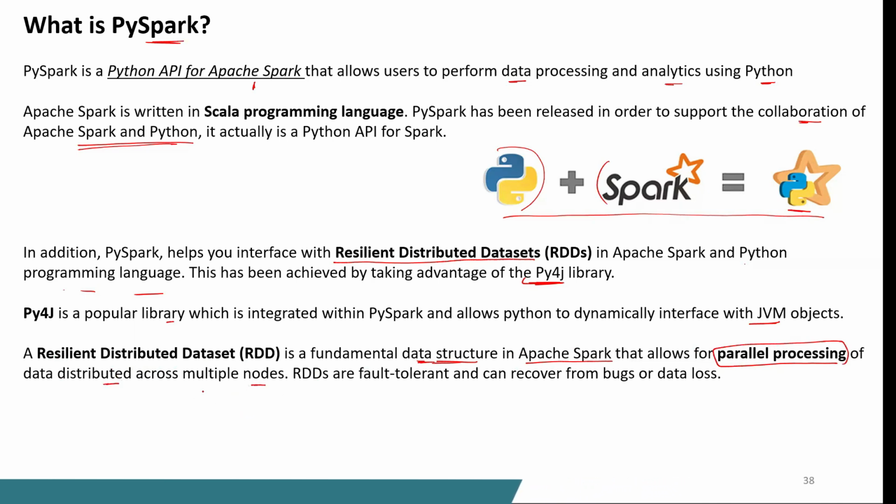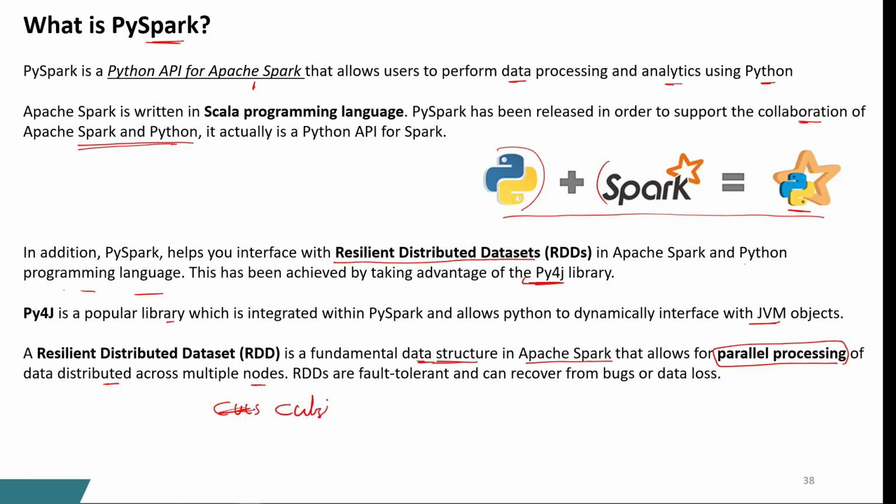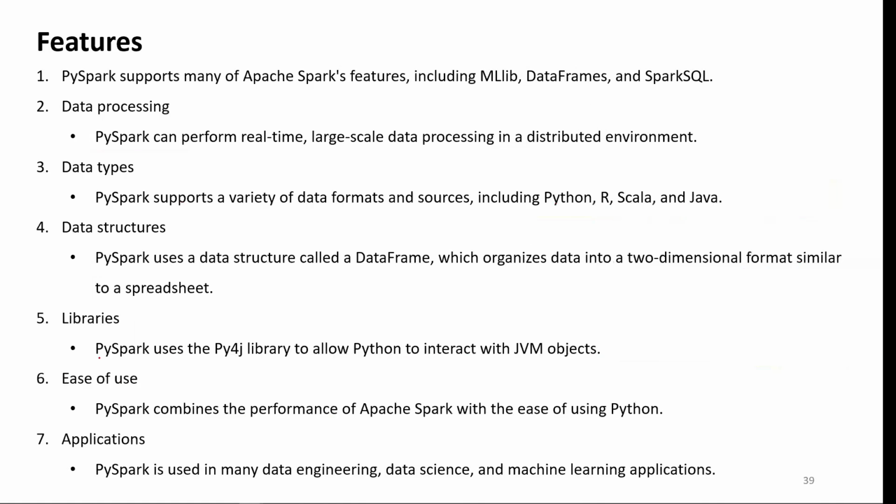When we say multiple nodes, we are talking about a cluster. RDDs are fault tolerant and can recover from bugs and data loss. This is one of the advantages of this data structure used by Apache Spark.